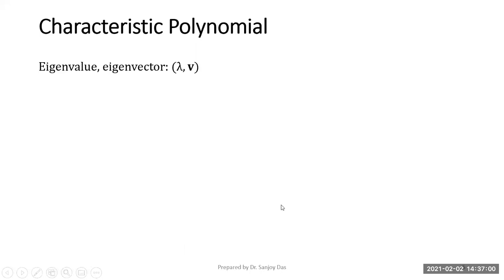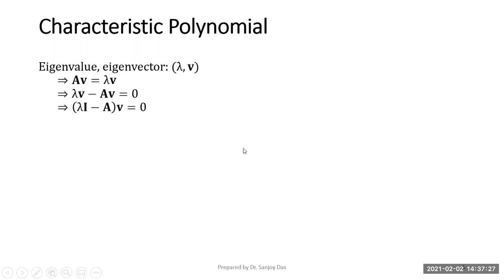Okay. The characteristic polynomial. So we're considering an eigenvalue and an eigenvector, lambda and V, so that AV equals lambda V. Whence lambda V minus AV equals 0. This is actually the zero vector, you can bold it.